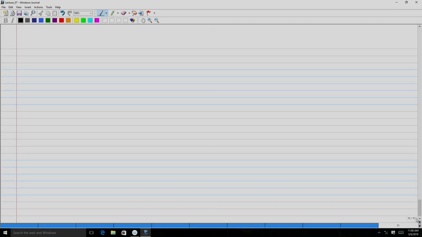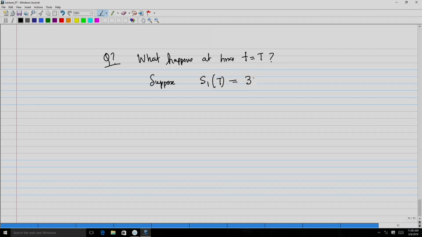Now, let us see what happens. So, the question is, what happens at time capital T? So, suppose that at time T, the price of the first stock S1 of T goes to 35, up from 30, and the price of the second stock S2 of T falls from 40 to 39.